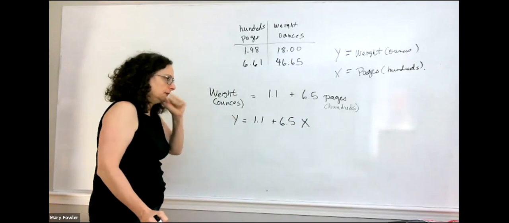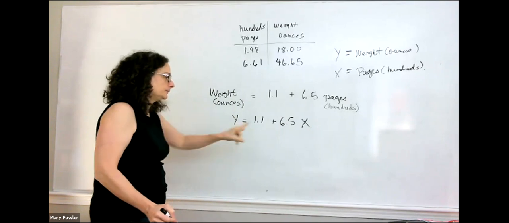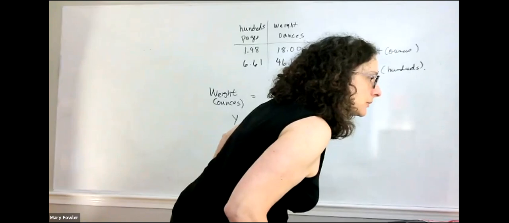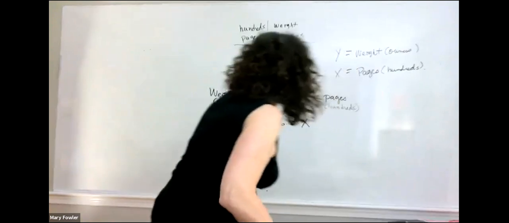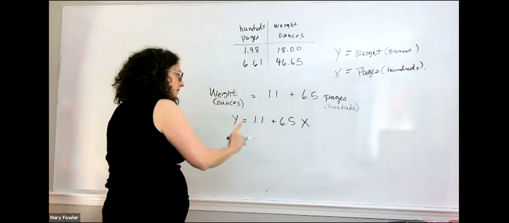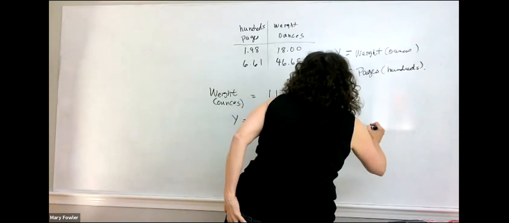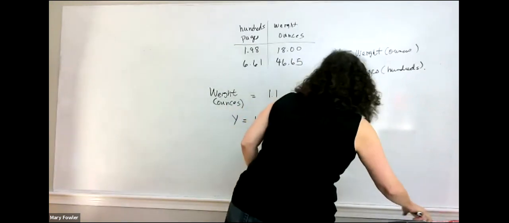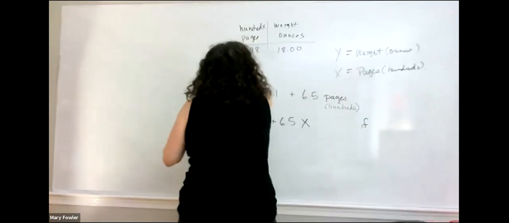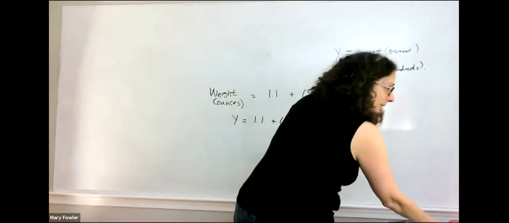What we saw was we were looking at a book on the shared screen that was 6.49 hundreds of pages, and the model's going to predict the weight of that book. So let's look at that. I'm just taking this off. This is actual data, not predicted data. I don't want too much stuff on the board.